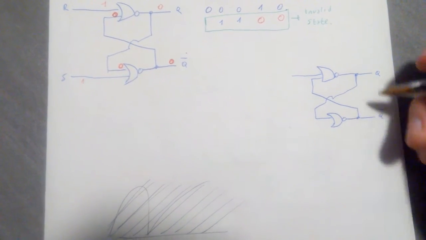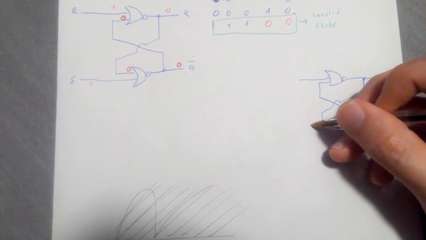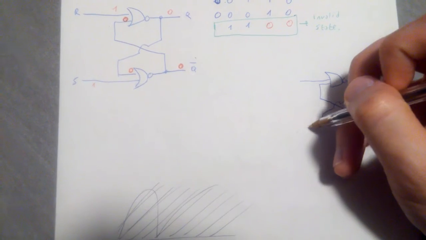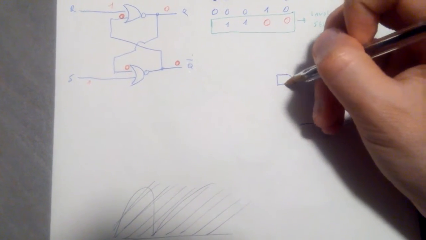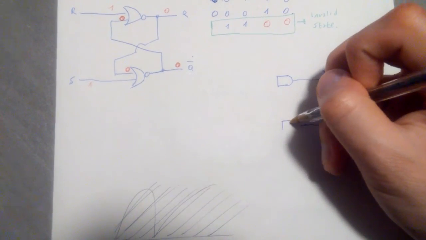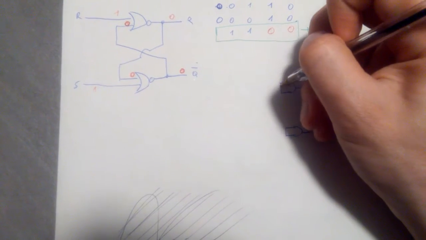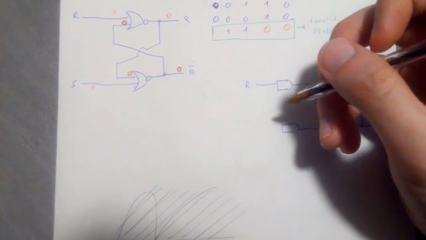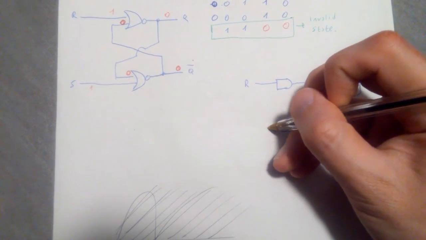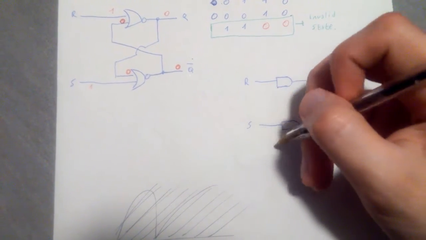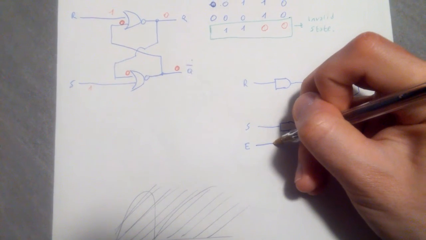So we will basically have an RS latch just like before, but this time I'm going to add an AND gate here at the bottom and here at the bottom, and to here I'm going to have R and S, and then from here E, which is the enable.